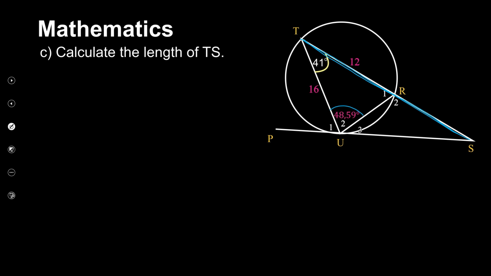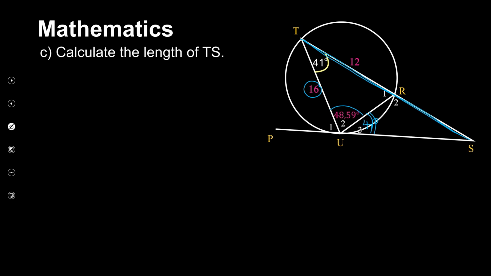Now, in order to find TS, it belongs to the big triangle. We're missing a couple of things, aren't we? So in the big triangle, we've got this side. If we can find these angles in the big triangle, it'll really help us. So now remember again, we said we're going to use some kind of geometry here. And we can already see that this angle, U3, using geometry, has to equal 41, and the reason for that is the tan-chord theorem.